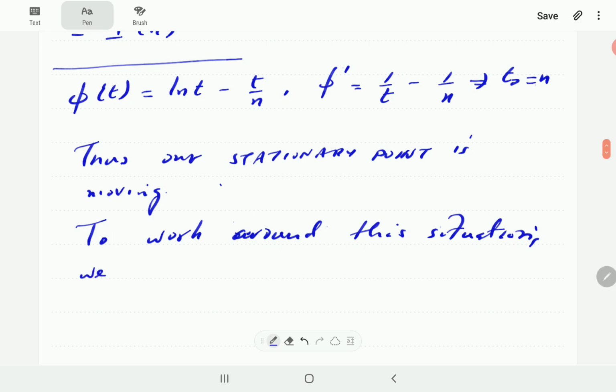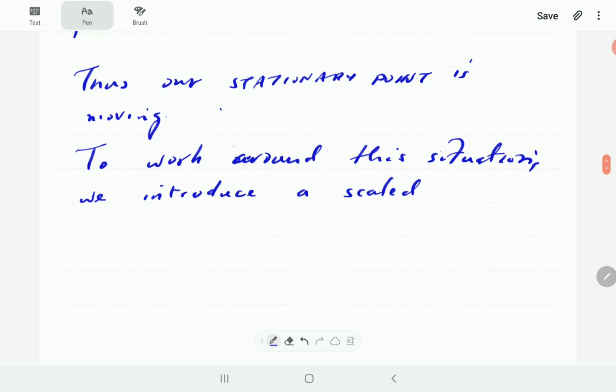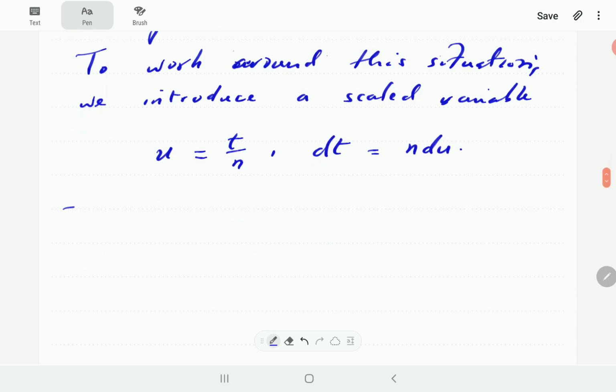So what we do is we introduce a scaled variable. Okay, this is a technique that we have seen before. So we're going to let u be equal to t over n, which means dt is going to be n du.